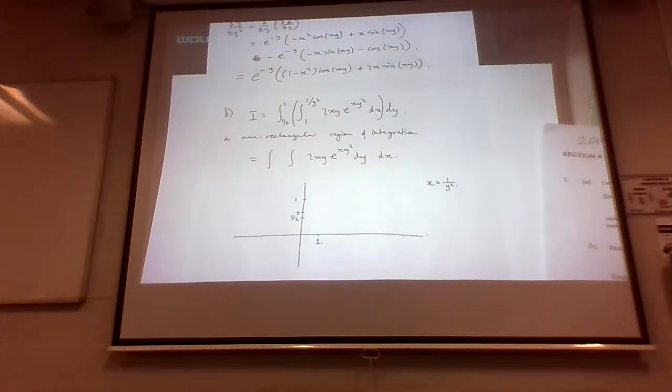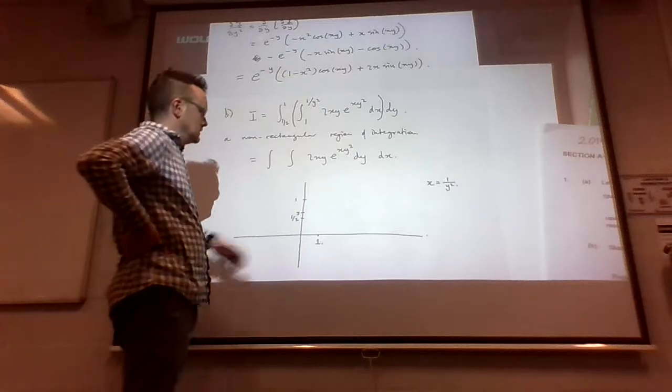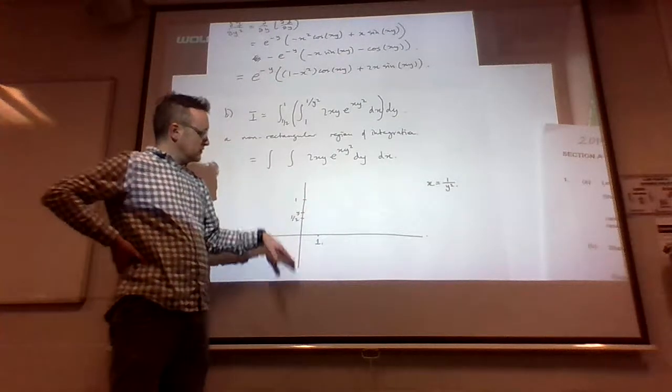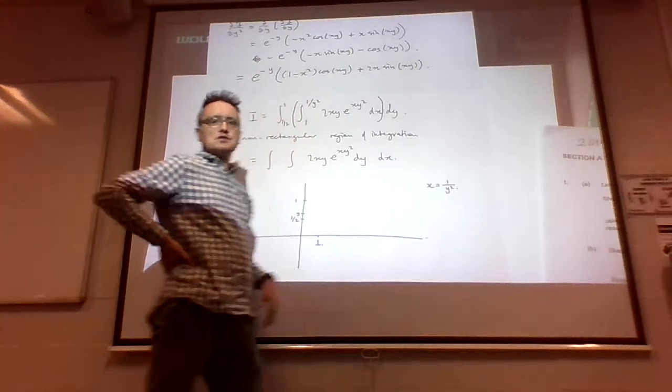So what does the graph of x equals 1 over y squared look like? Let's think about it a bit. It's going to be the same for positive and negative y. You're going to get the same value of x, so it's going to be symmetric.